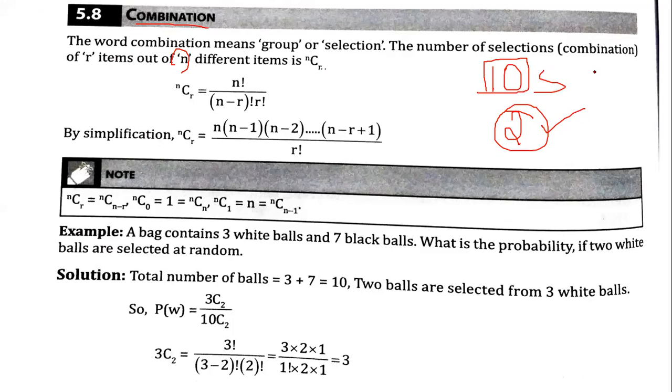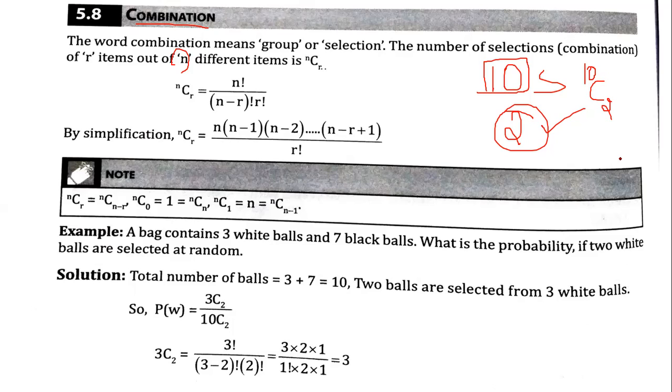So we are making a combination of only 2 out of 10. That is nCr. Let's say we have 20 jackets. Out of 20 jackets, you are selecting 5 jackets. So 20C5.